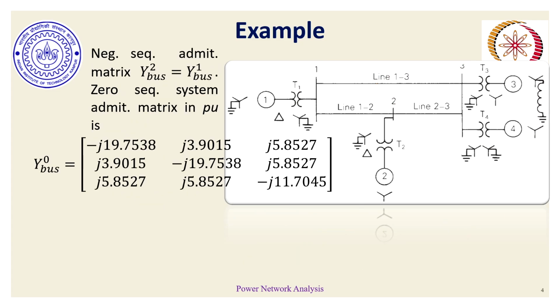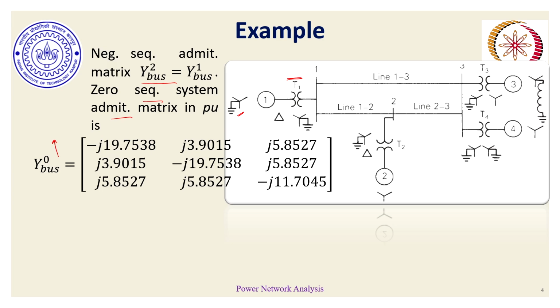For the negative sequence network, the admittance is given to be the same as the positive sequence admittance matrix, and the zero sequence admittance matrix is also given, wherein this matrix significantly depends on how the neutral connections are and how the transformers are connected on each of the three buses.